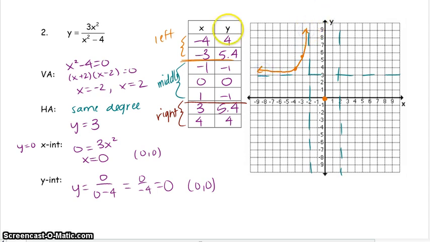And then we have the middle portion, -1, -1, and 1, -1. So that gives me this graph here. And then on the right side we have 3, 5.4, and 4, 4. So that gives me this graph here. Okay? So that is it for this part of the graphing.